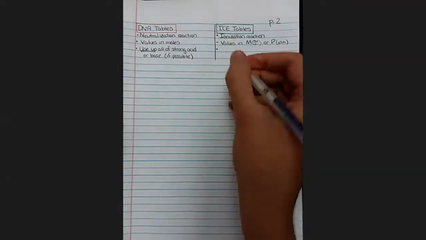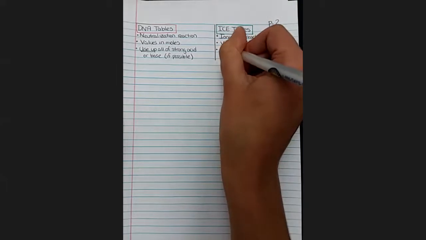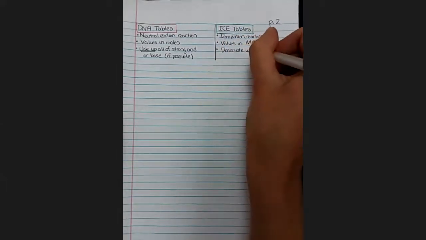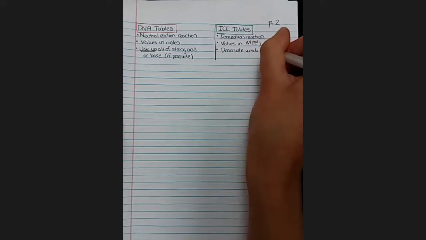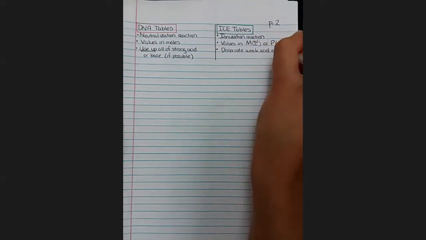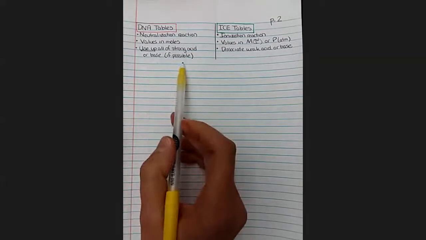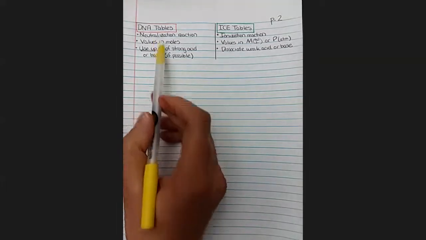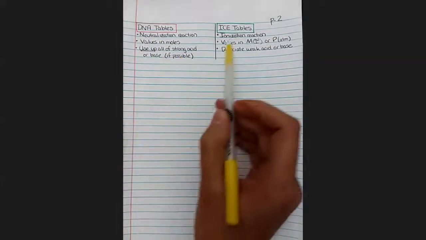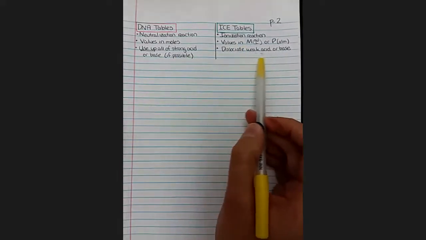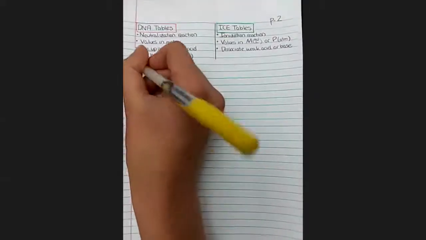And the purpose of our ice table was to dissociate a weak acid or base so that we can find the pH in the solution. So we use the DNA table only for buffers when there's a neutralization of a strong acid or base. We use the ice table anytime we have a weak acid or base and we want to look at what its pH is in solution.